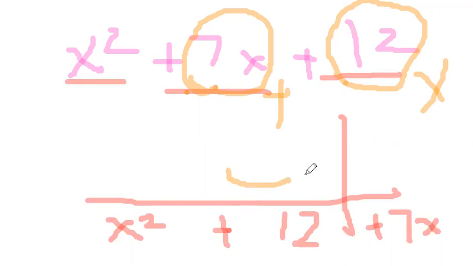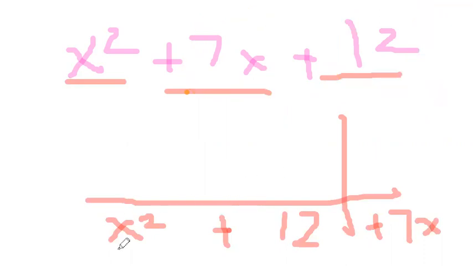Now here, this is x squared. We know how to factorize this. What times what gives us x squared? Obviously, x times x. Now this plus can be either minus times minus or plus times plus. Let's try with this.